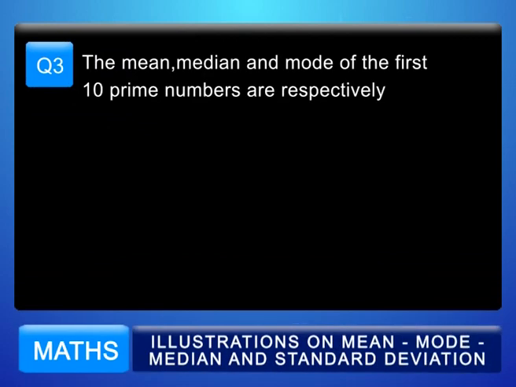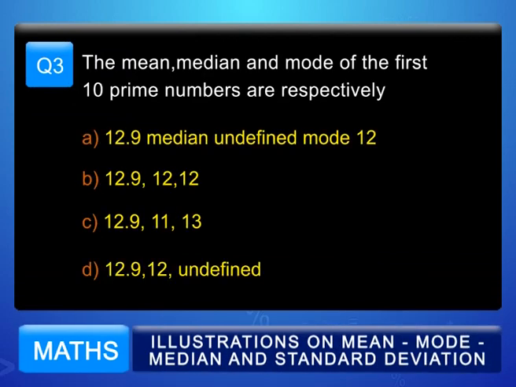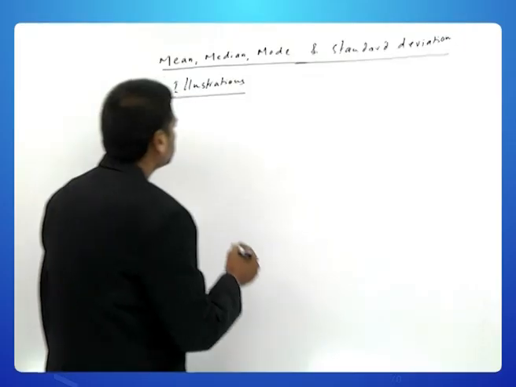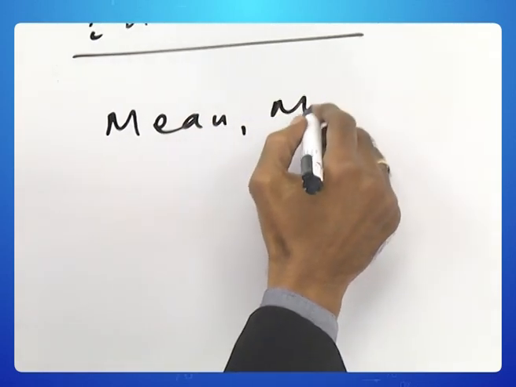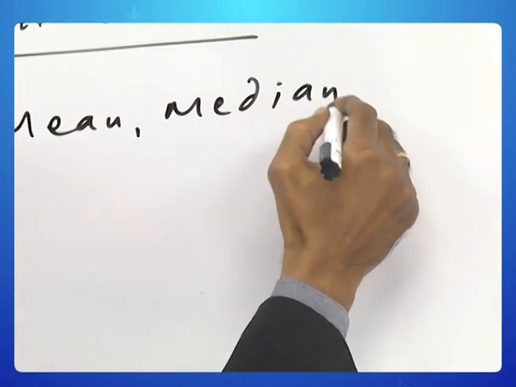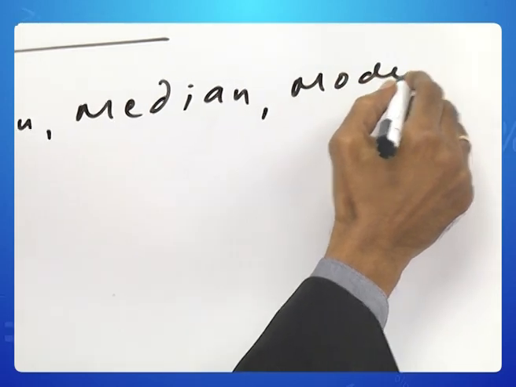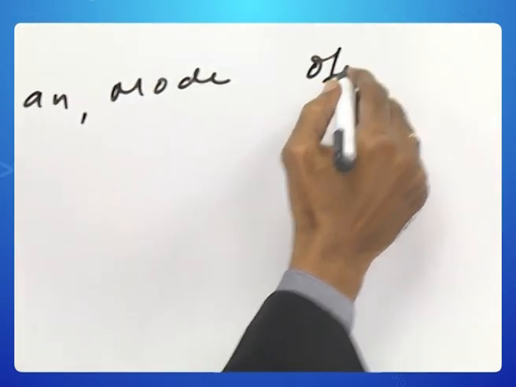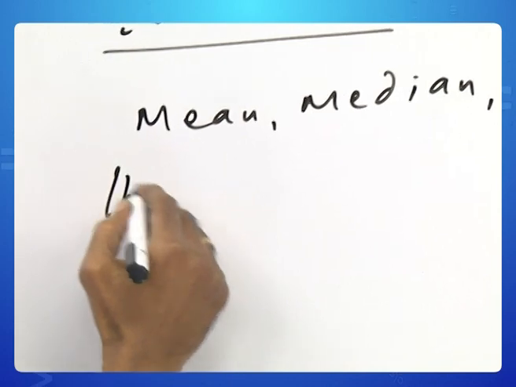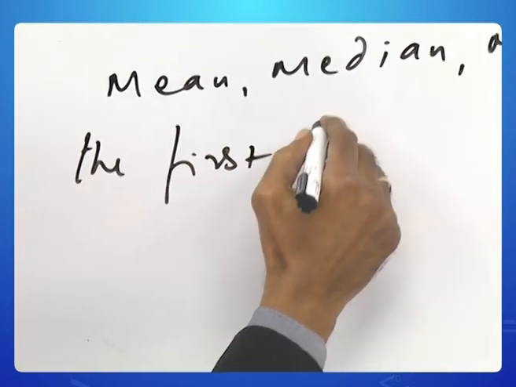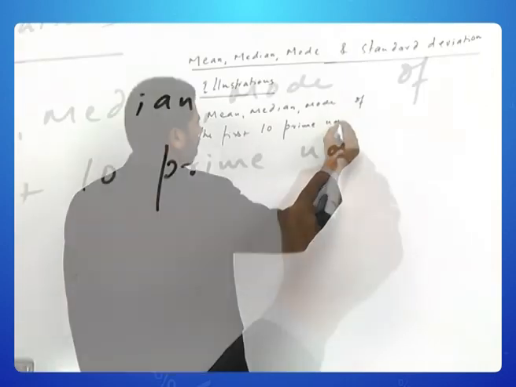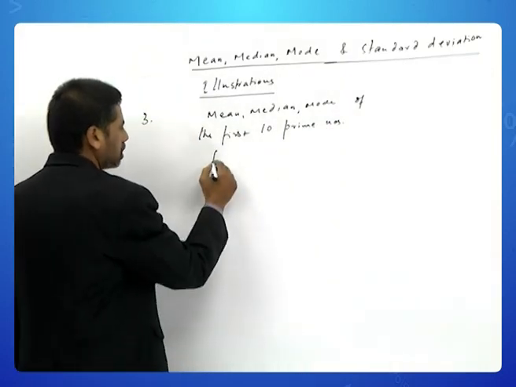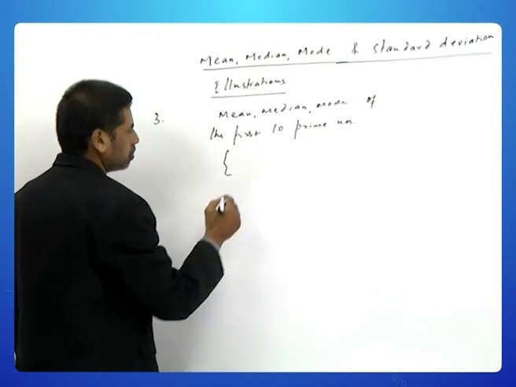Question number 3. The mean, median and mode of the first 10 prime numbers are what? Mean, median, mode of the first 10 prime numbers. Let us list them because it is not too many numbers.